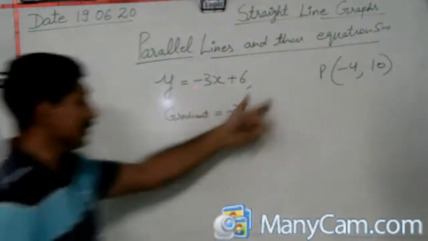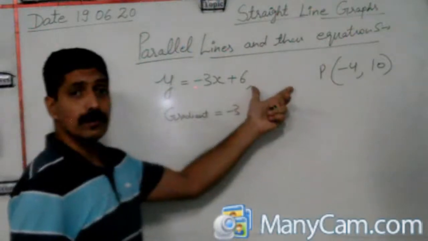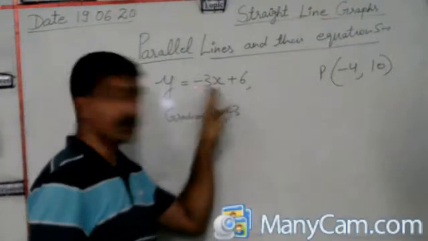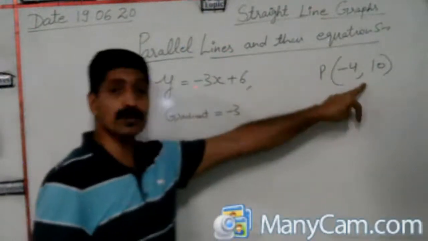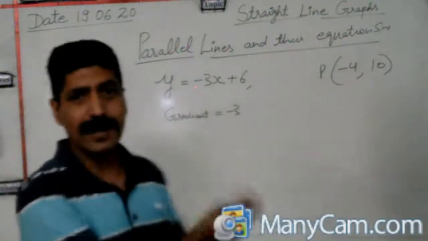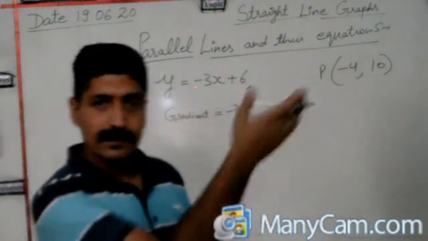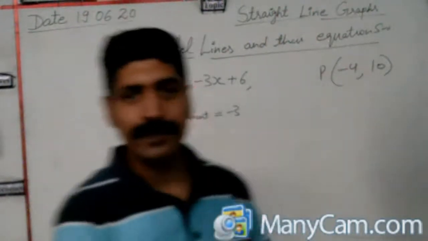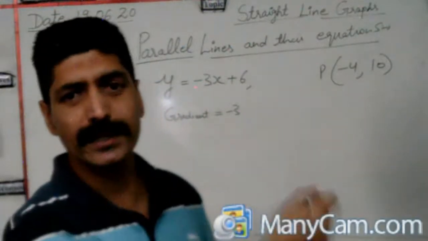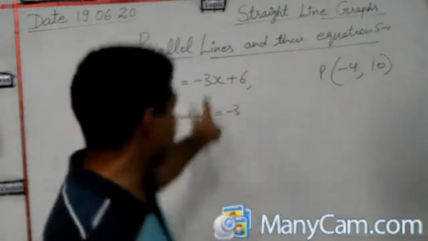Now we want to find the equation of the line which is parallel to this line and passes through this point. As I have explained earlier, one line is drawn and we want to find the equation of another line passing through the given point and parallel to this line.